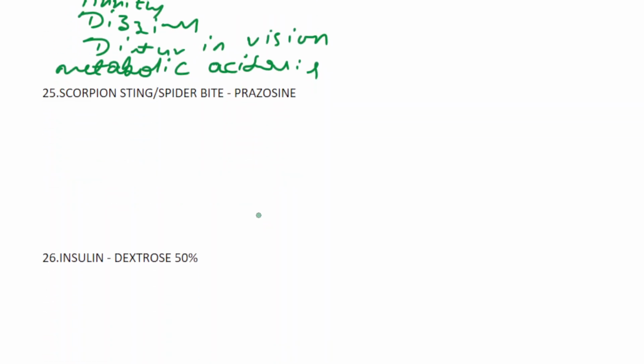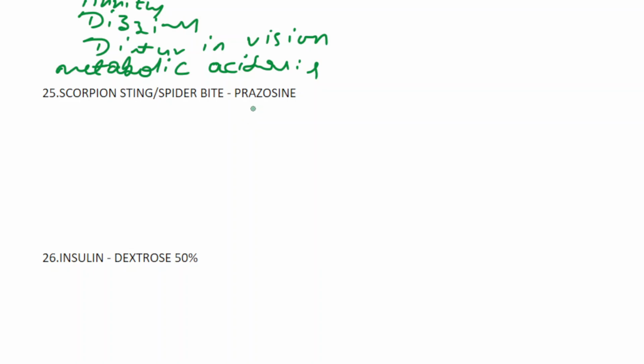And the next one is scorpion sting or spider bite. For scorpion sting and spider bite, prazosin is used as the antidote. Scorpion stings and spider bites cause vasoconstriction and sympathetic nervous stimulation. Prazosin is an alpha-1 adrenergic receptor blocker, also known as alpha-1 blockade.